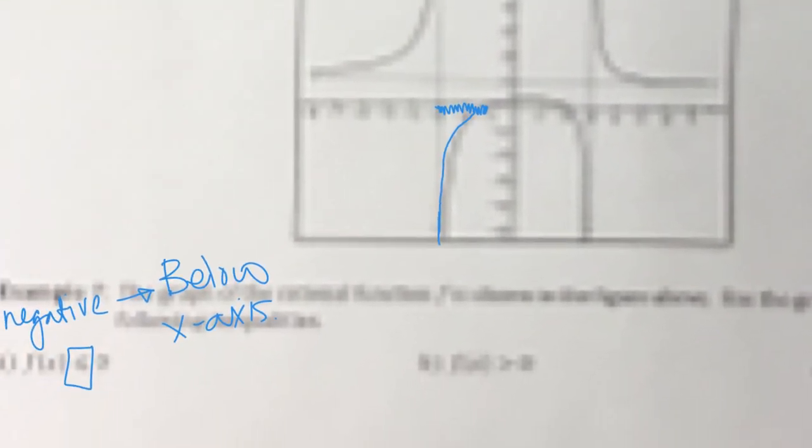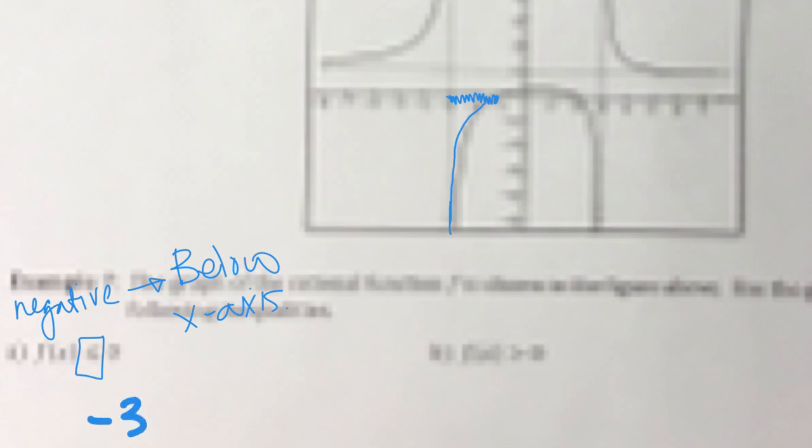So let's see, it looks like that happens here in the middle. Here our graph is below the x-axis, and then it touches at -1. So our interval is from -3 to -1, right? So -3 gets a parenthesis because that's an asymptote. -1 gets a bracket because that's a 0, right? So we put brackets on zeros because it says or equal to. And then where else is it below the x-axis? In between 2 and 3.